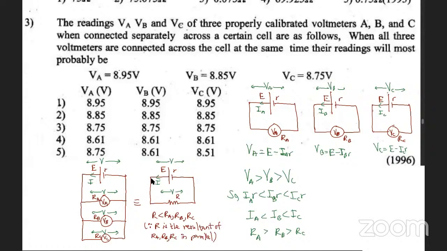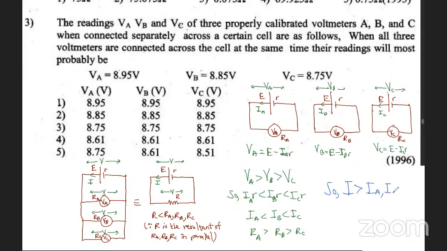Then what can you say about this current I? I will be greater than all these individual currents. So I have I here and I have IA, IB, IC. I will be bigger than all these currents.